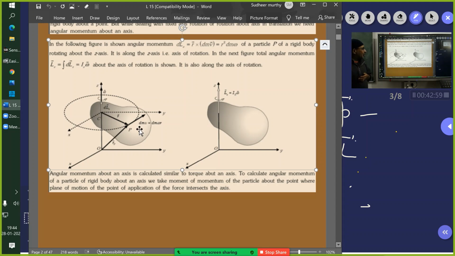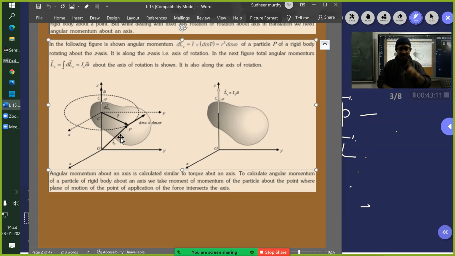What you have to now appreciate and understand is this omega bar is the same for every particle in the body. That is important. So we are considering the axis such that omega bar of each particle is the same. Please start involving yourself.